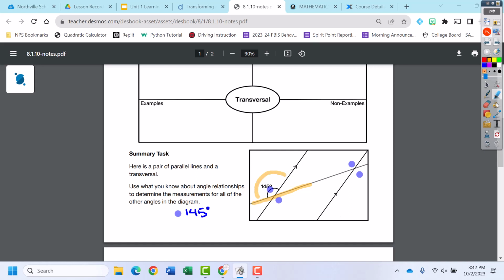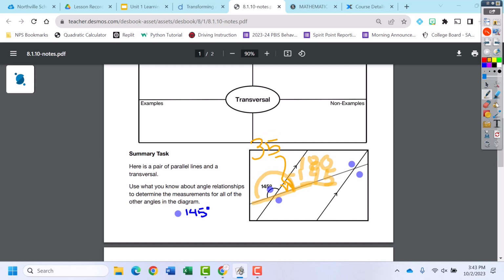So if all of this is 180 degrees, I should be able to take 180 and subtract 145 and be left with 35 degrees for that. I'm just going to get a pen here. 35 degrees for that angle measure there.